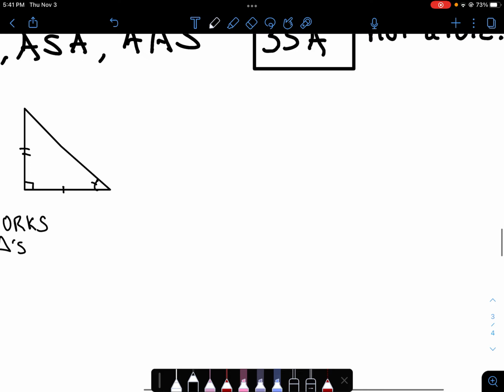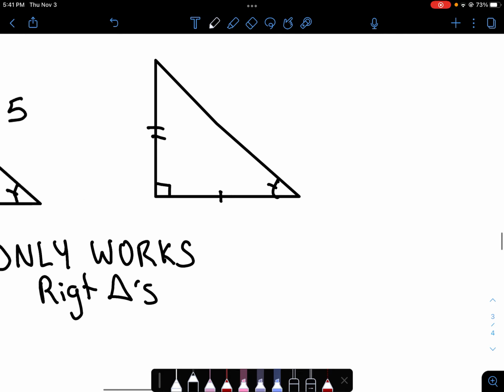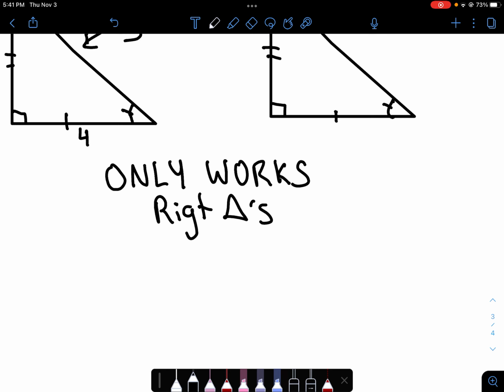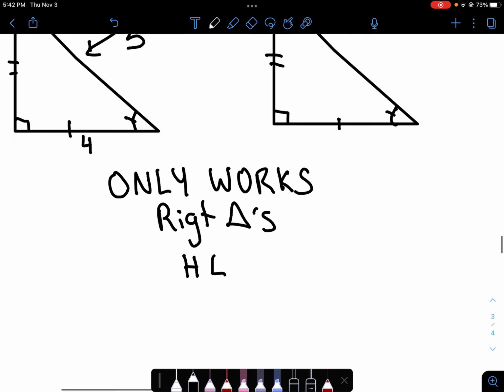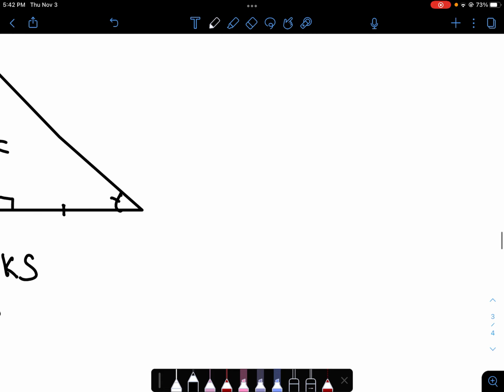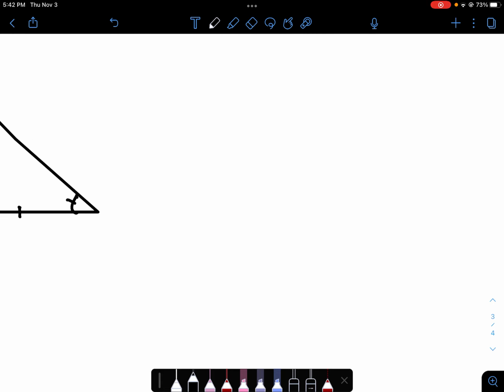Now there are different types of labeling for these right triangle congruencies. This specific congruency rule is called hypotenuse leg. It's weird, I know. For side, side, side, the triangle congruency is called leg, leg.